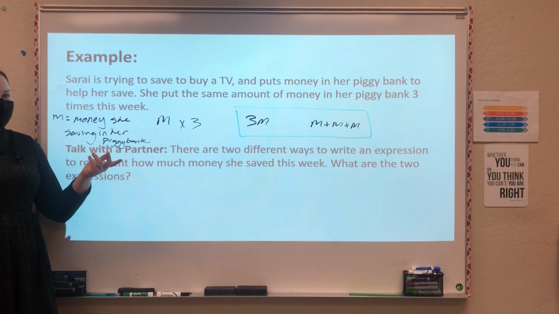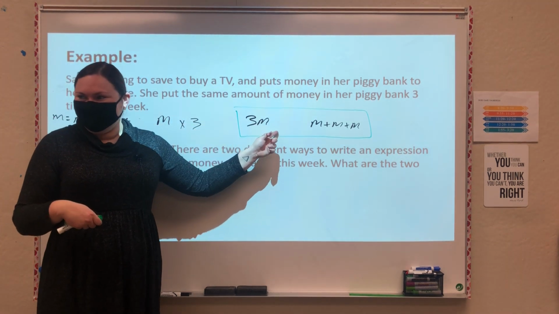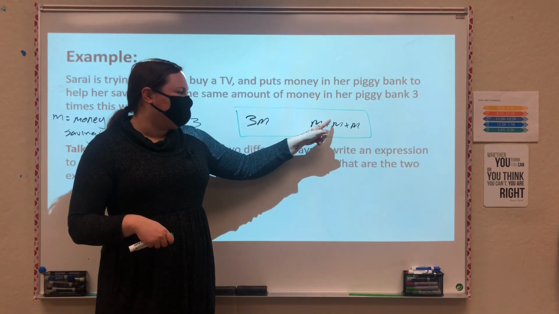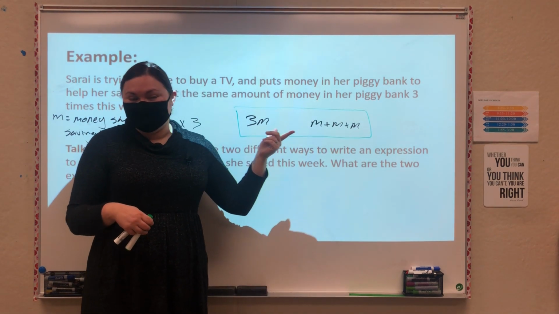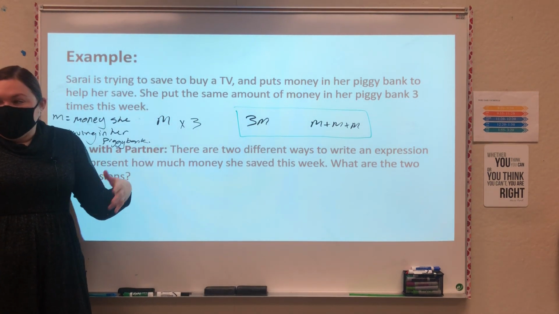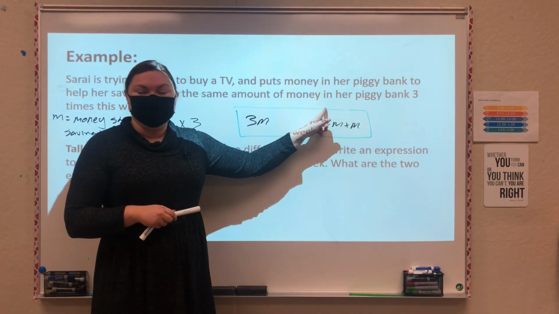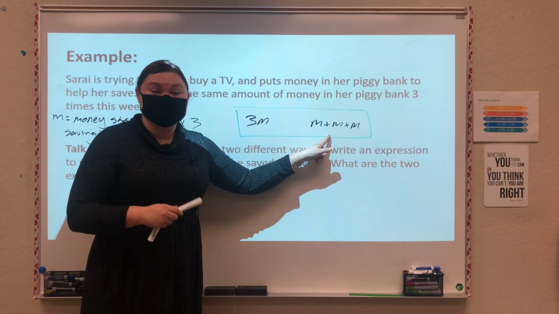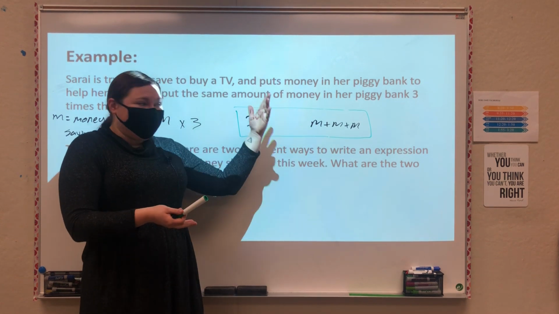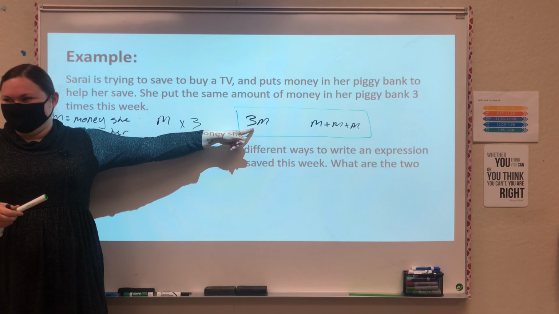Yeah, both of them have 3 M's. This one literally says 3M, and this one says M plus M plus M. There's 3 M's. What we're doing today when we're talking about simplifying is similar to the idea of I'm giving you this, and you're going to simplify it. You're going to make it easier on the eyes by changing it to this.